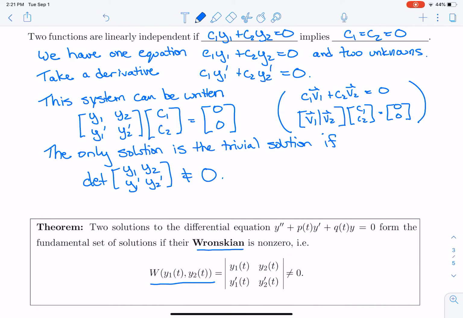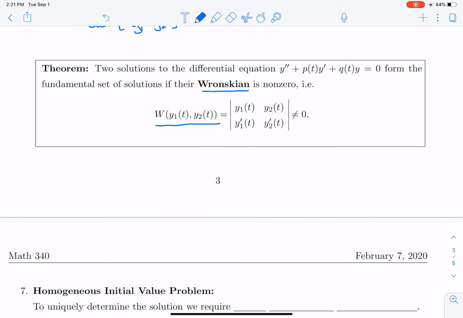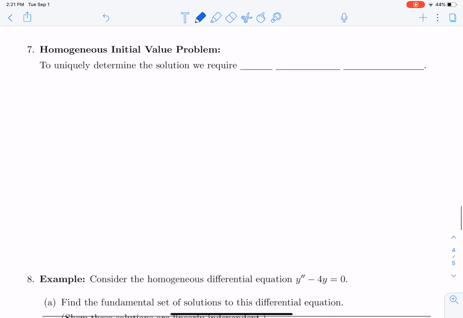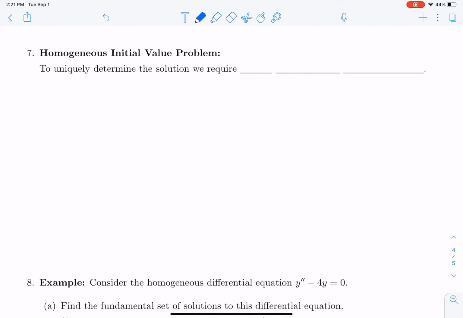But I want to know under what circumstances I am going to be able to show that those two solutions span the entire space. And so if you go back to the previous example that we did, you notice that we had a second order differential equation and it had two initial conditions. So in fact, to make sure that our two solutions span the space, we're going to need two initial conditions.